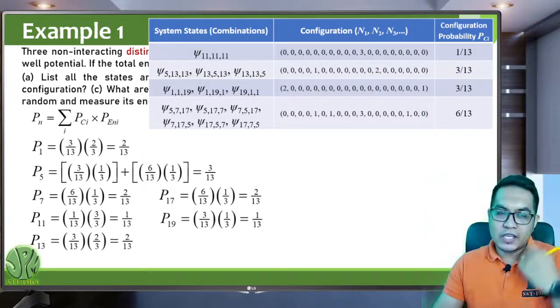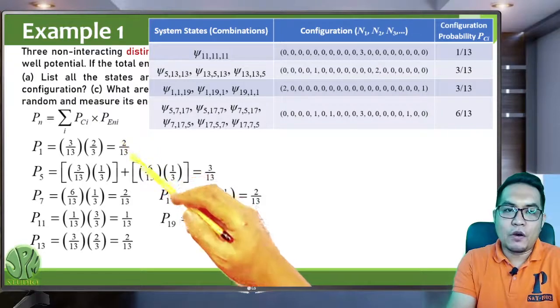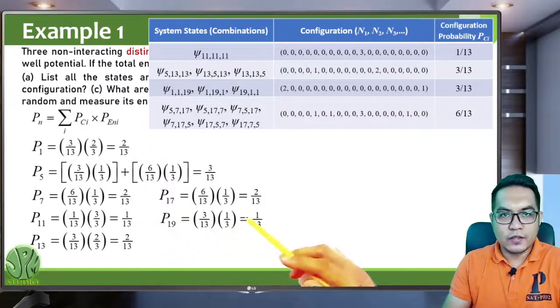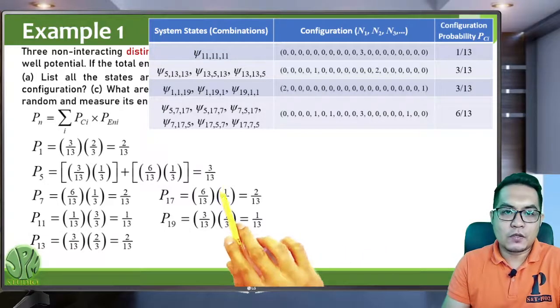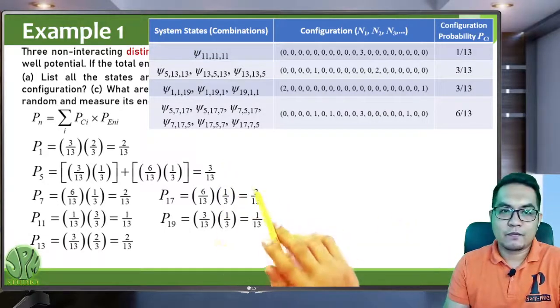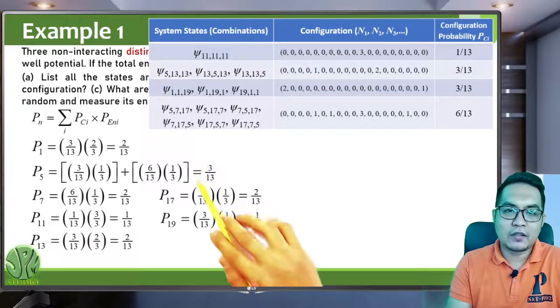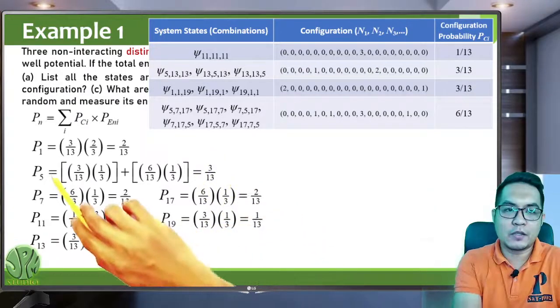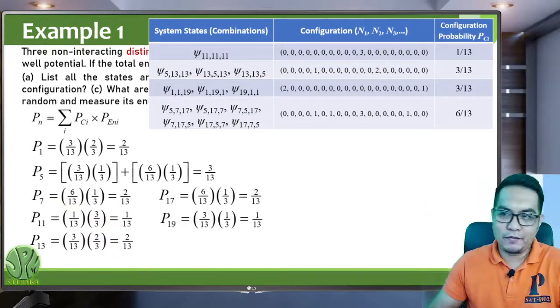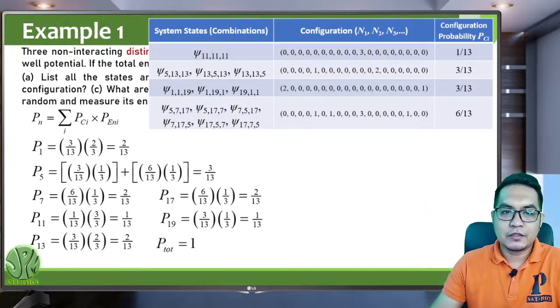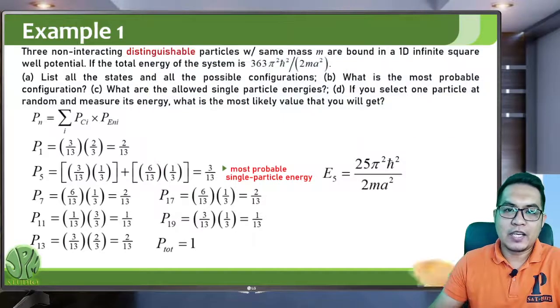You will notice here that if you add all of the probabilities, you should get 13 over 13, or 1. You will also notice that the highest probability is 3 out of 13, which corresponds to the probability of getting E5. So the most probable single particle energy is actually E5.